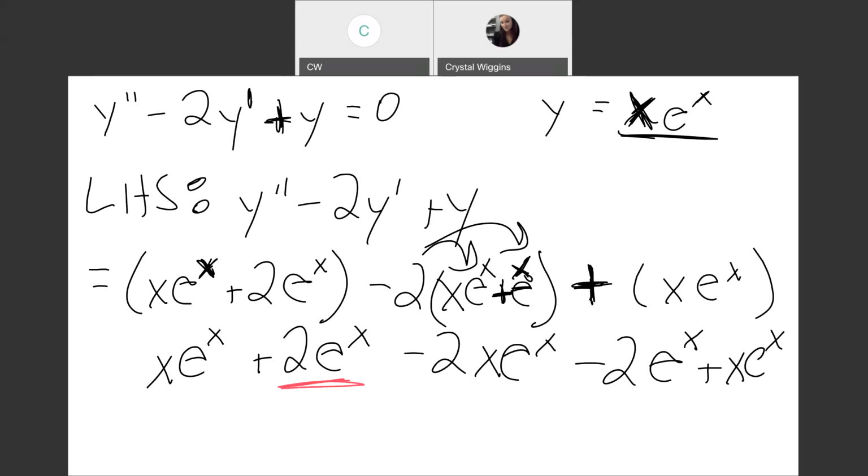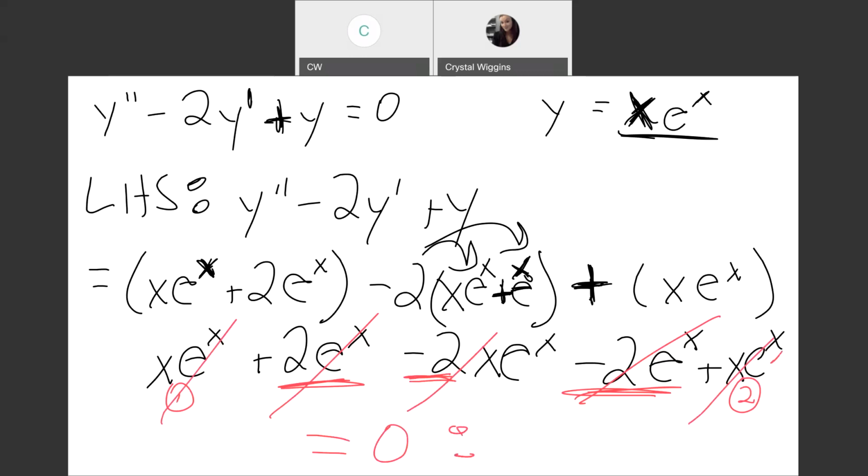I have a term of positive 2e to the x and a term of negative 2e to the x, so those cancel. I have 1 x e to the x, 2 x e to the x's, and 2 negative x e to the x's. So these all cancel, giving us 0, which also happens to be the right-hand side of the equation. I have successfully shown that y equals x e to the x is indeed a solution to the differential equation y double prime minus 2y prime plus y equals 0.